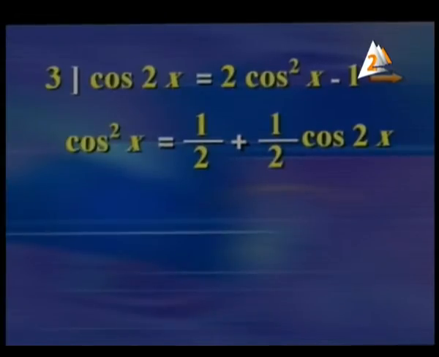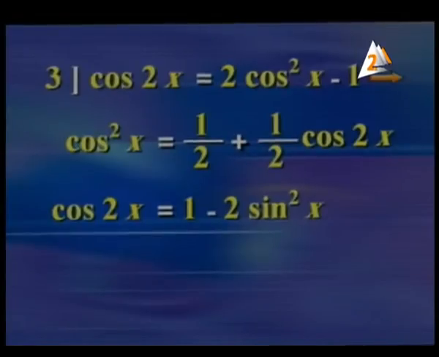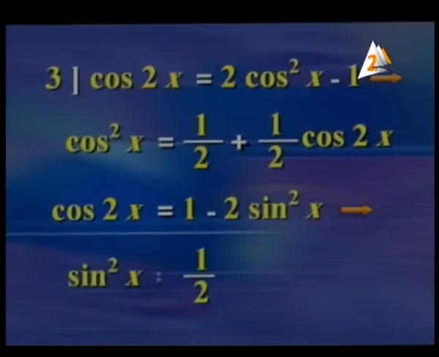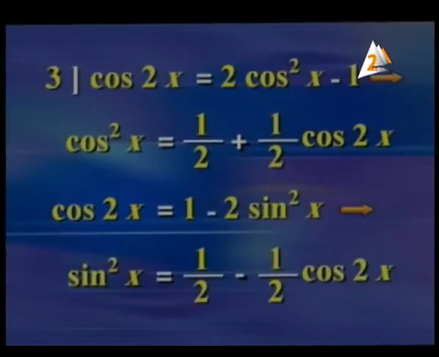When we find integration of cosine square x, we convert cosine square x into half plus half cosine 2x. Cosine 2x also equals 1 minus 2 sine square x. Therefore, sine square x equals what? Equals half minus half cosine 2x.